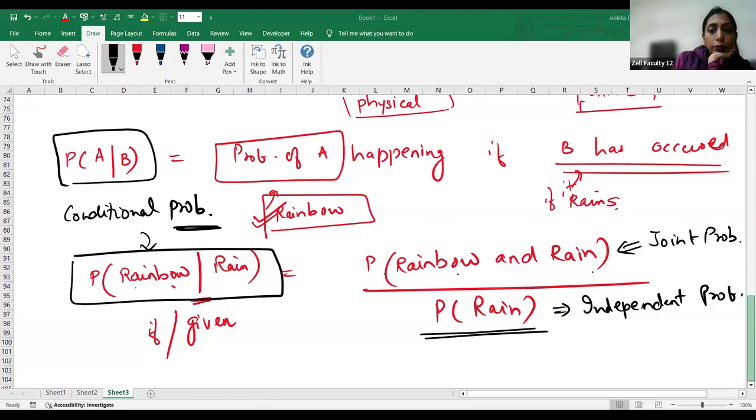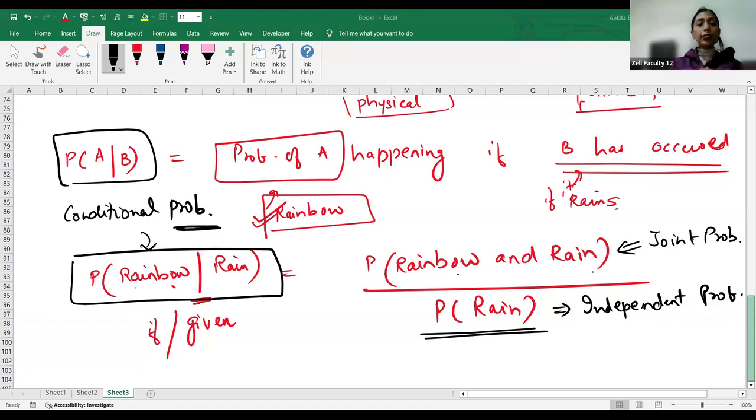Now, suppose I give you a question that there is a dice. You roll a dice and you get an outcome 3.